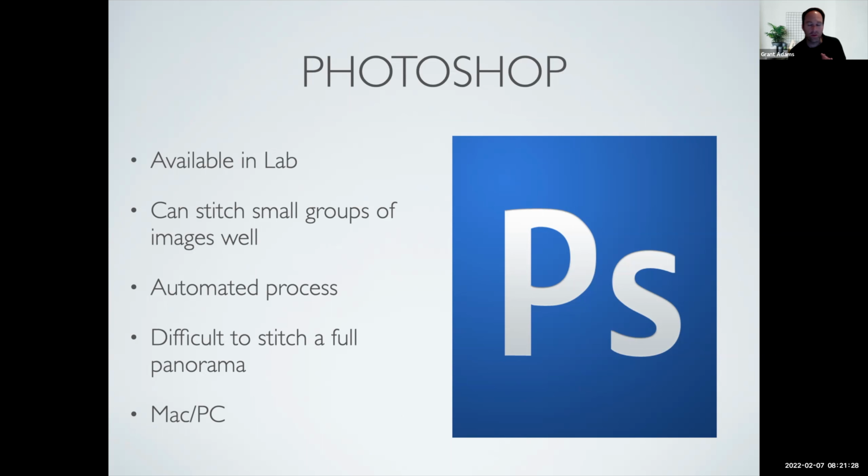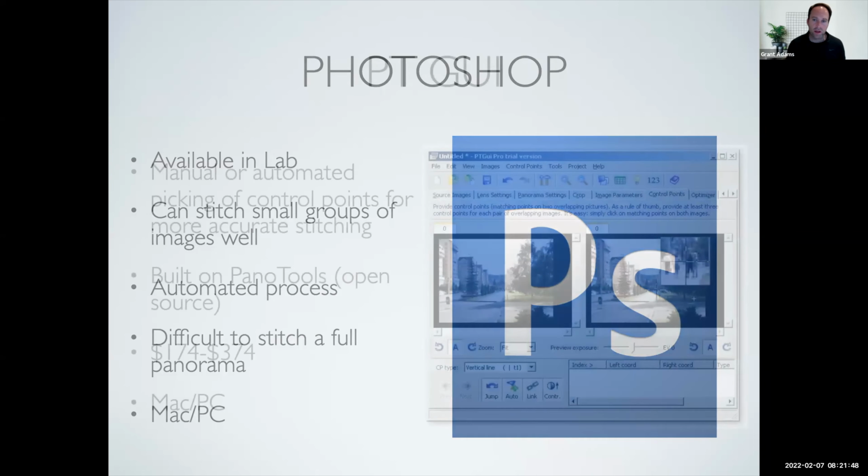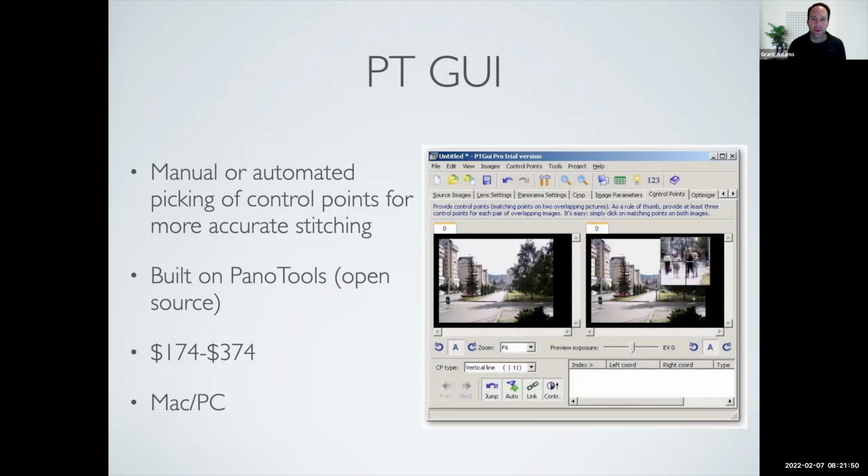If you have a full 360 and you throw 50 images at it, it doesn't do quite so well. Just like with the high dynamic range image, it is a fully automated process. You just throw the images at Photoshop and it figures out where they line up, which is pretty cool. I'll do that as an example for you live today, and then you will do it as part of your exercises.